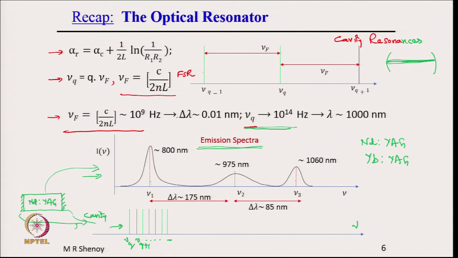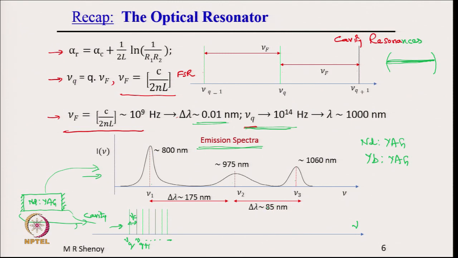Now, the atomic resonances are well separated. Typically, the separation, for example, in wavelength is around 175 nanometers. The separation corresponding to nu f, the corresponding delta lambda, comes out to be 0.01 nanometer, whereas the atomic resonances are separated by large delta lambda, 175 nanometer, 85 nanometer and so on. What does this mean?